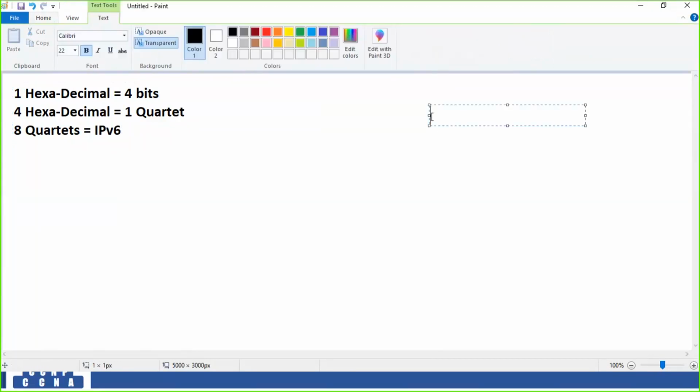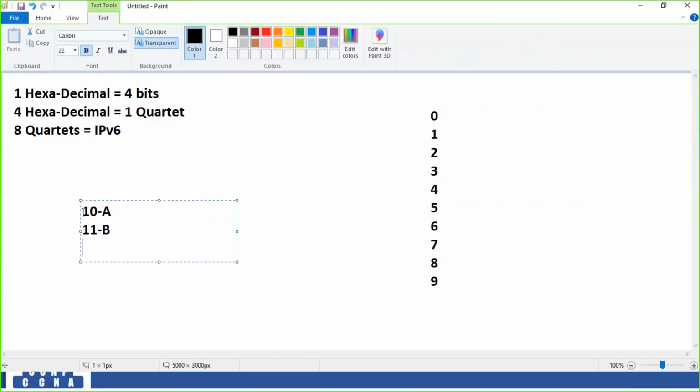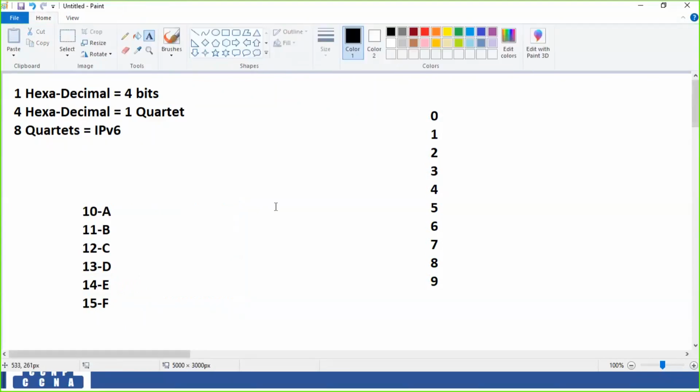I'm writing the hexadecimal numbers: 0, 1, 2, 3, 4, 5, 6, 7, 8, 9, 10 is A, 11 is B, 12 is C, 13 is D, 14 is E, 15 is F. So these are all hexadecimal digits.